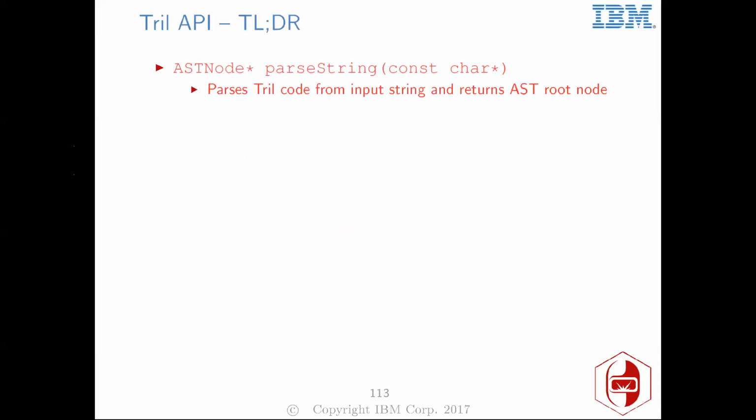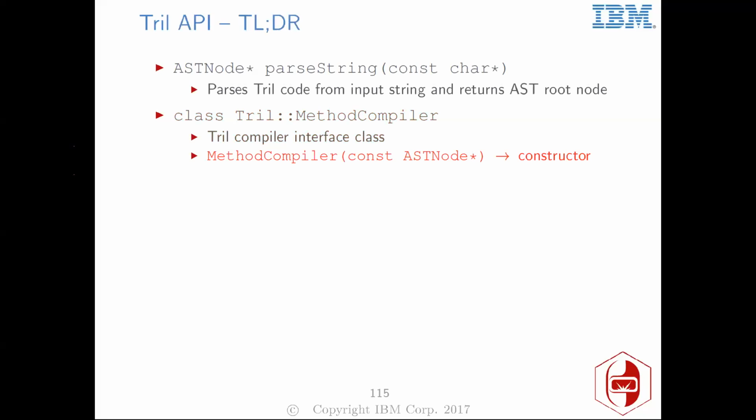These are, first of all, the parse string function that takes a string of Tril code, parses it, and returns the root of the AST node that gets generated for the parsed code. Next, we have the method compiler interface, which is the main interface used for compiling any Tril code.